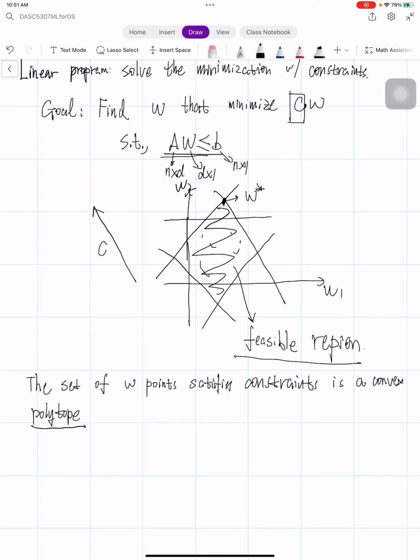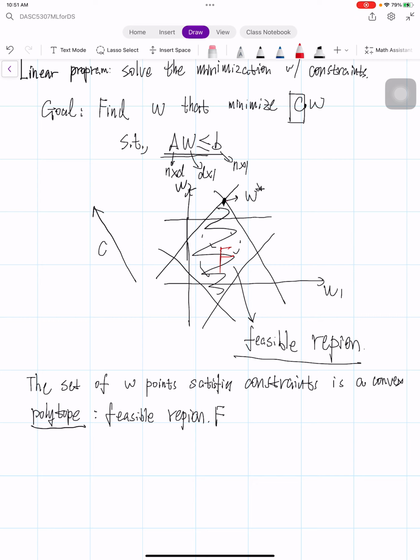So here we have 2 dimensions, it's a polygon, but in higher dimensions it's a polytope. This is our feasible region, for example, this is our F.